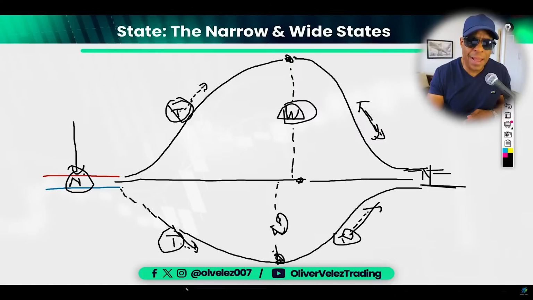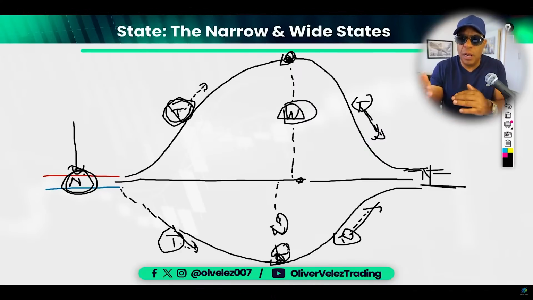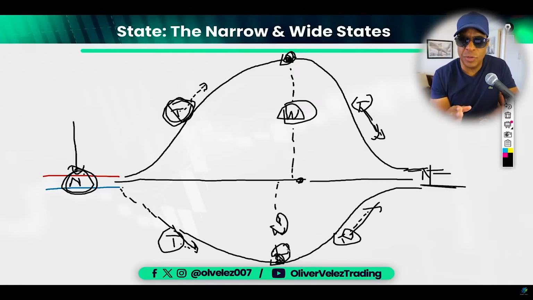And you become a master when you know what to do in the narrow state, what to do in the trending up and the trending down, what to do in the wide up and the wide down. When you know what to do in each section of this picture, you're going to gain mastery.